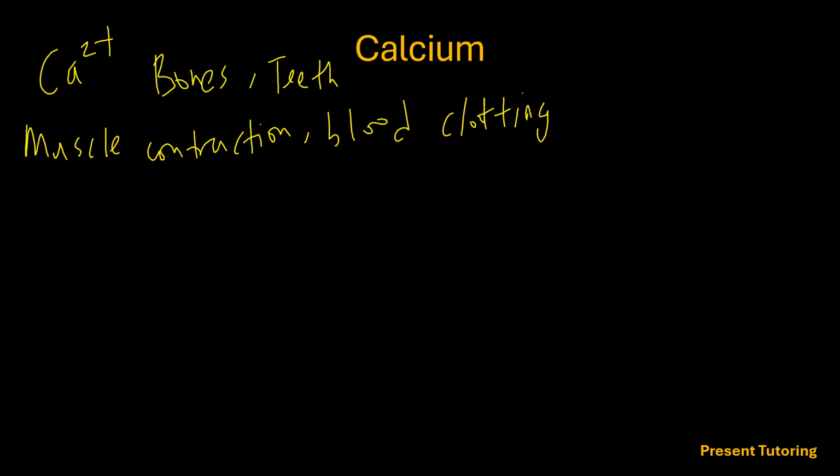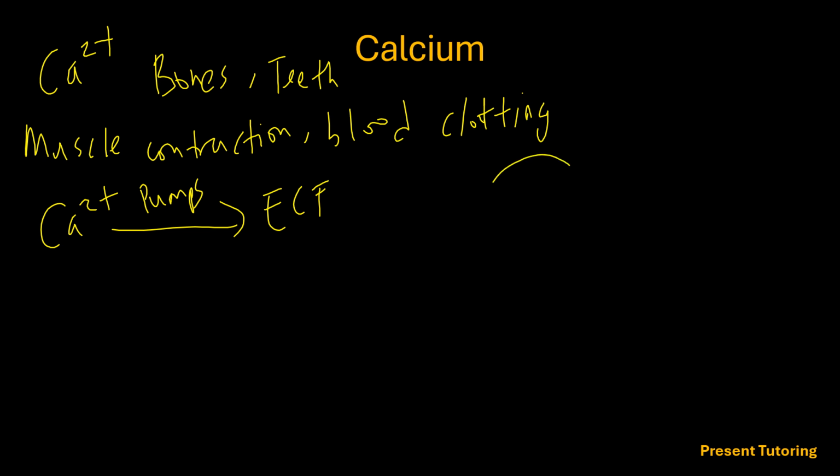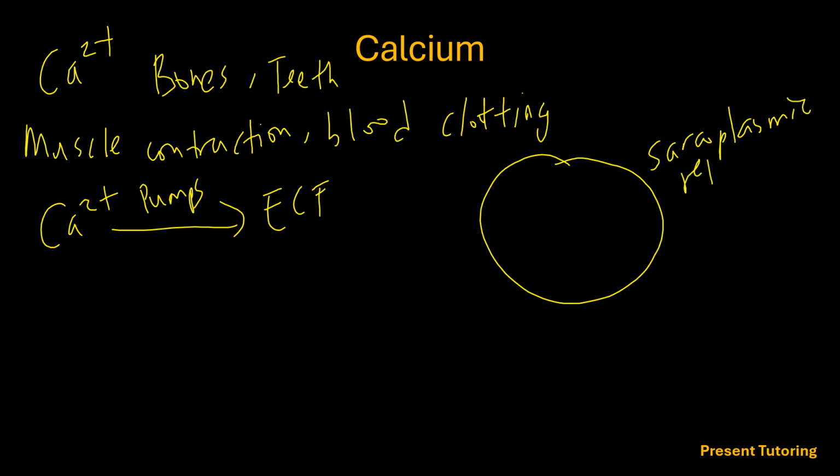Generally, calcium is moved outside of the cell through pumps. So calcium moves to the ECF using pumps. Calcium does tend to be stored in an organelle called the sarcoplasmic reticulum in the muscles.